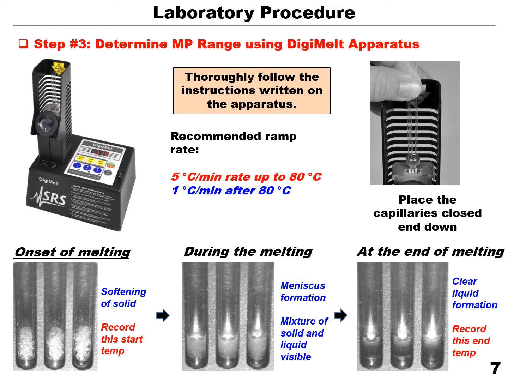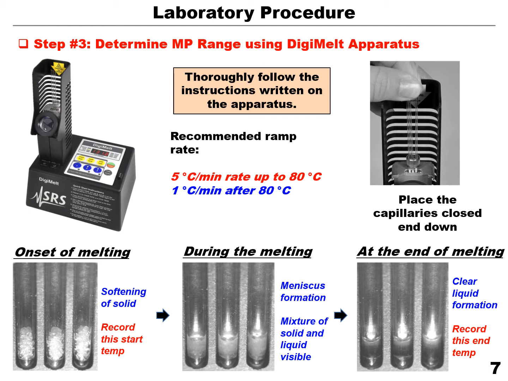But if you do not have that much time, or if you lack the patience, you can adjust the temperature to about 5 degrees Celsius per minute for up to 80 degrees Celsius, and then you can stop.